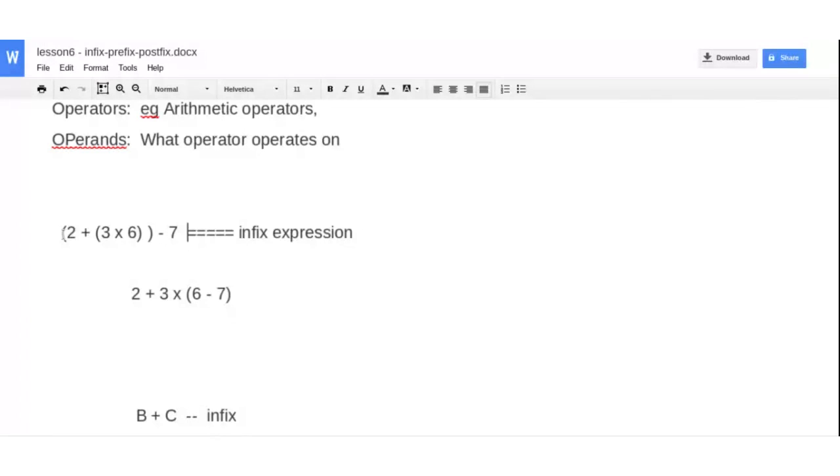And so we'll put the bracket and then close those two. The first bracket will be just in front of the bracket near the 2. So we put a bracket there. The other bracket, of course, will be after the 7, because the 7 is the second operand for the minus.